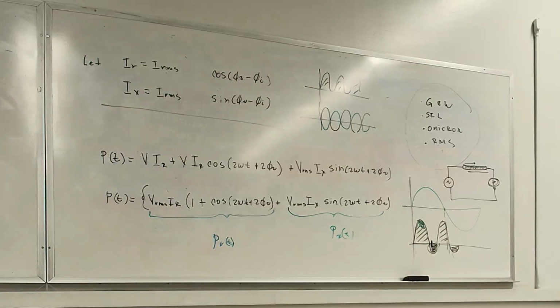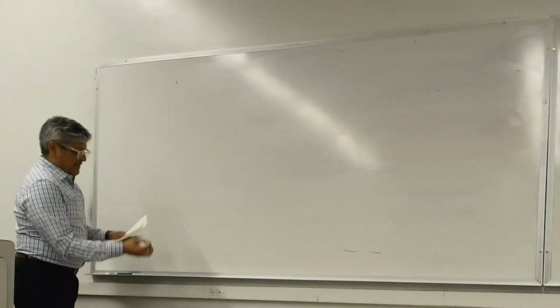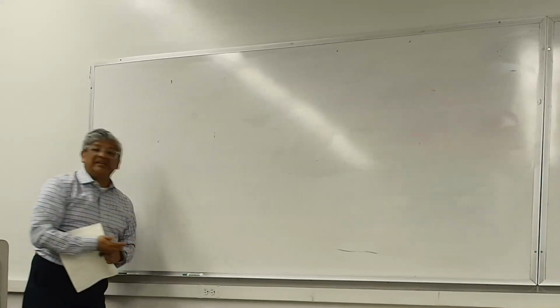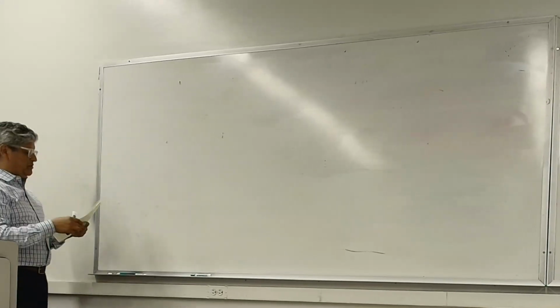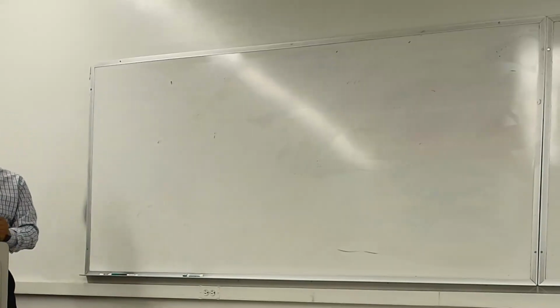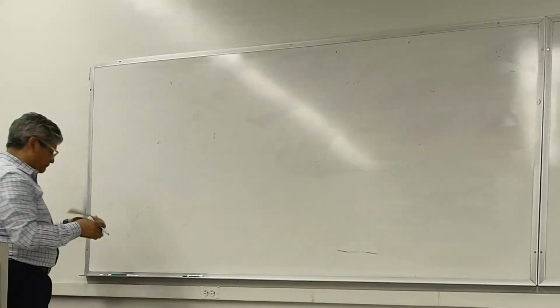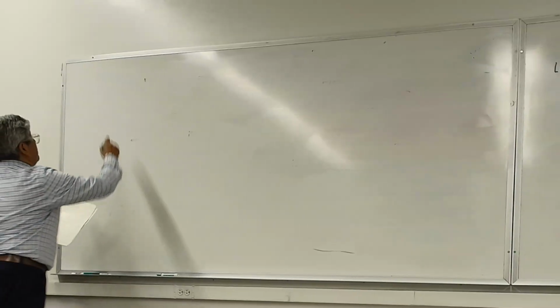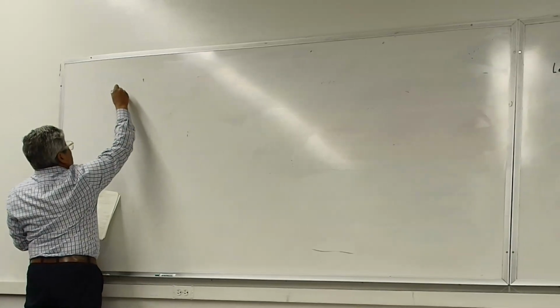And that's what we call the average power. That's what you talk about when you talk about the amount of power that you consume at home. That is what we call average power.